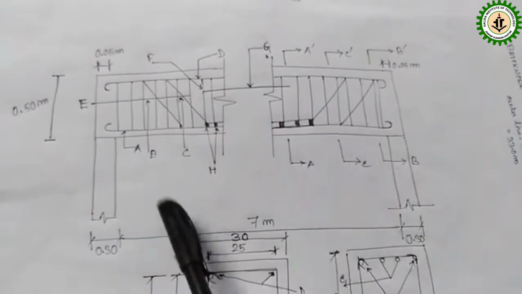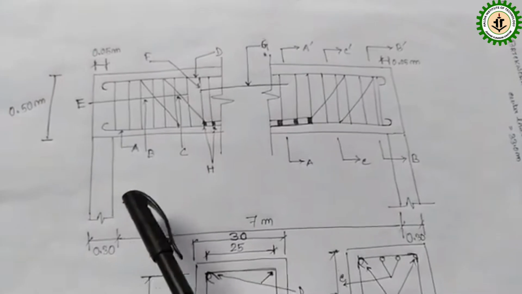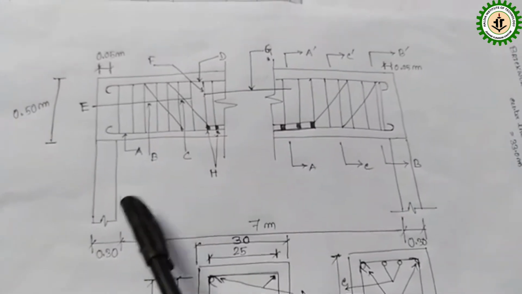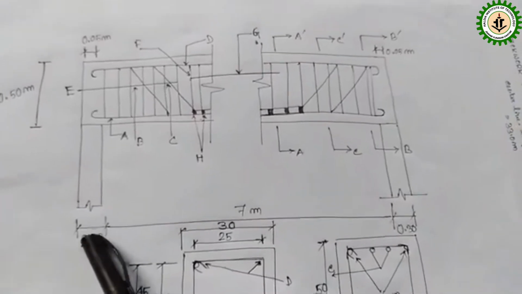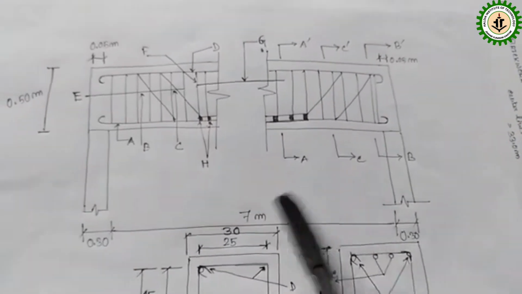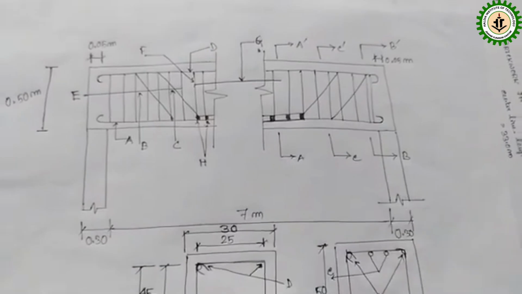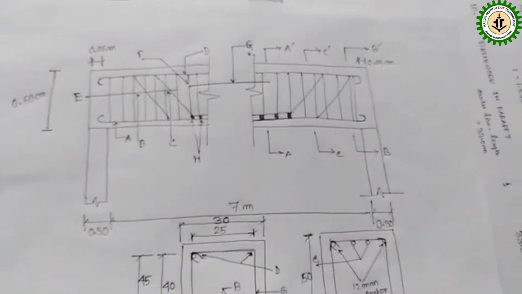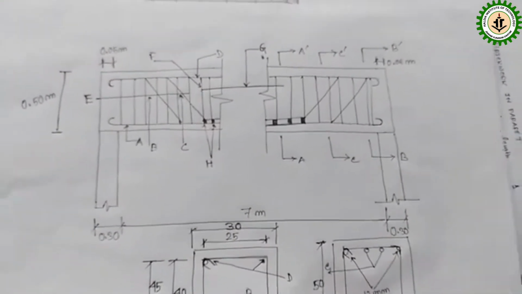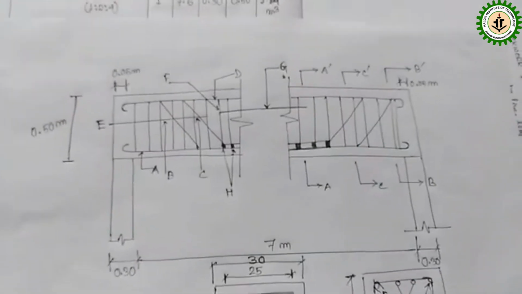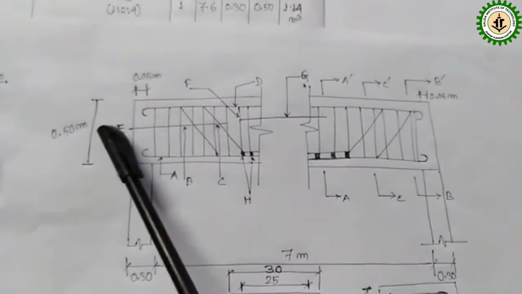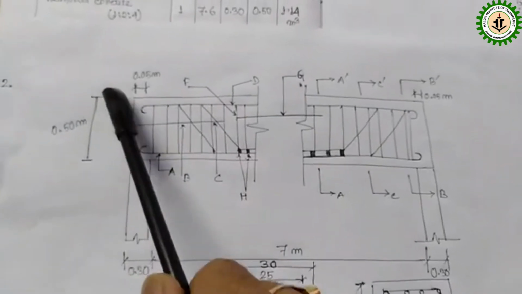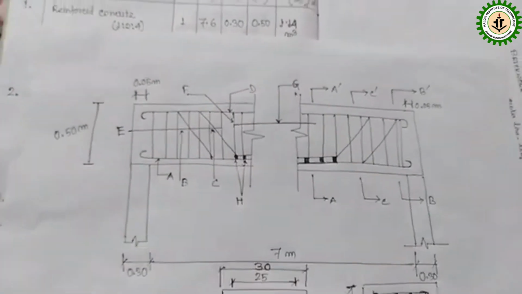In-to-in length is 7 meter, and it is supported on the wall on both sides, and the wall thickness is 0.3 meter. So we have to consider this 0.3 plus 7 plus this 0.3. So the length of our beam is 7.6 meter, and the height of the beam is given in the plan, here, so that is 0.5 meter.